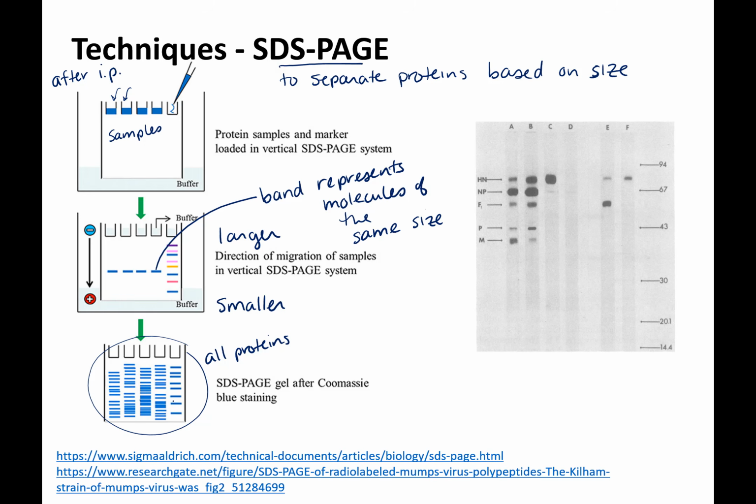What they did in this paper was they radio-labeled or metabolically labeled the cells. And so what that means is you put in radioactive, so you saw, if you look, you have 35S, and a methionine.